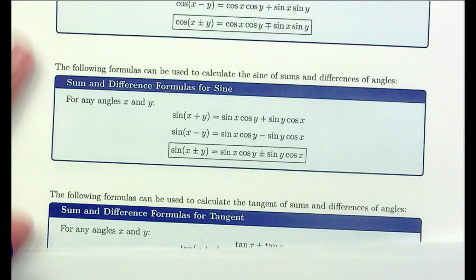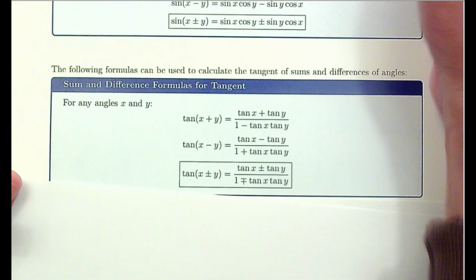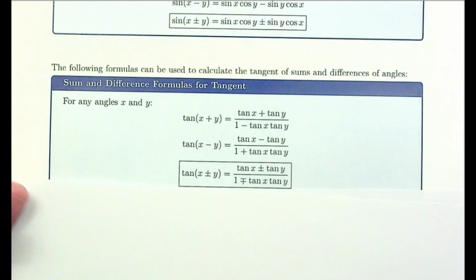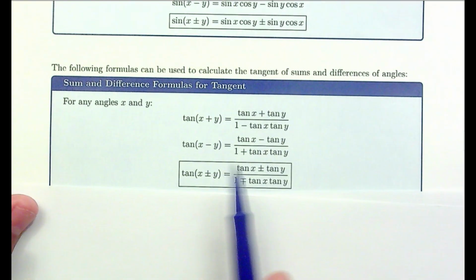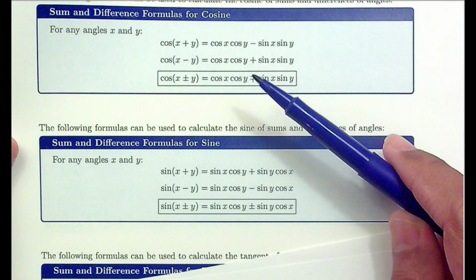And lastly, there are the sum and difference formulas for tangent. And these formulas come directly from the ones above, because tangent is sine over cosine.